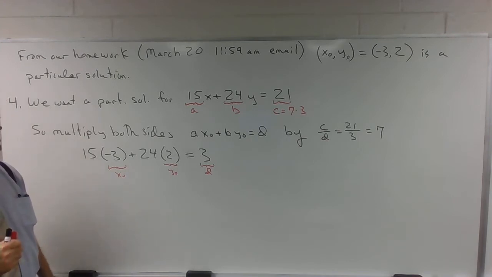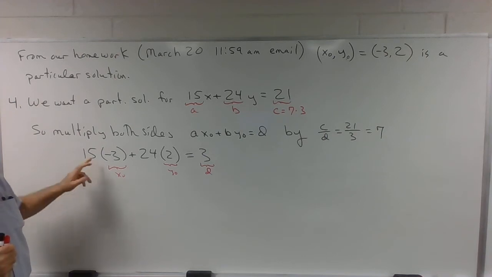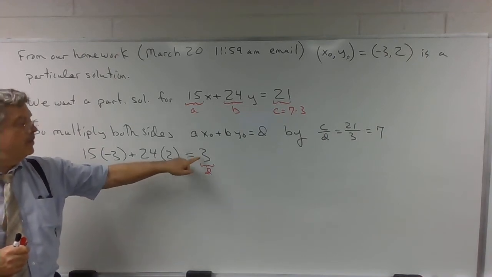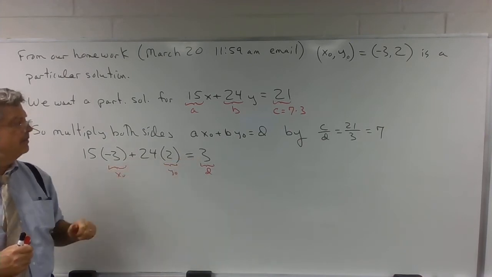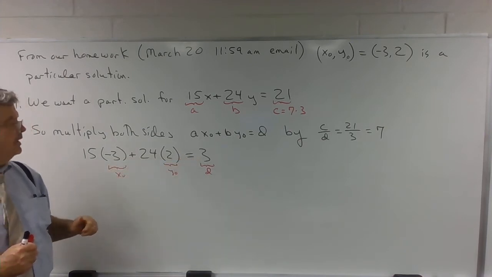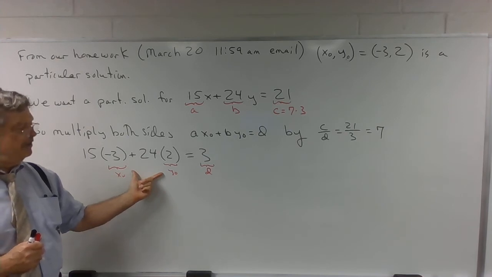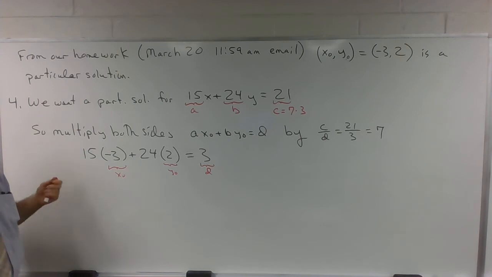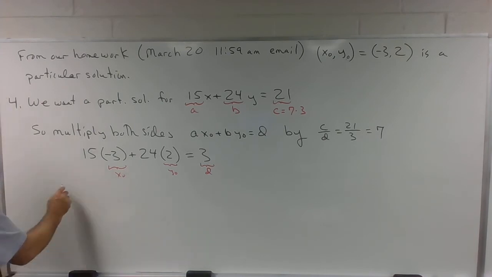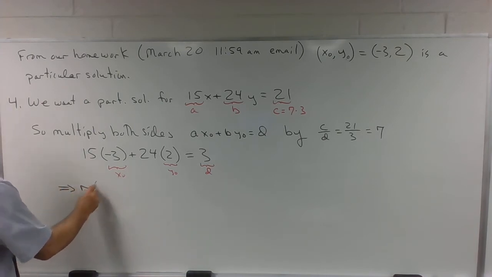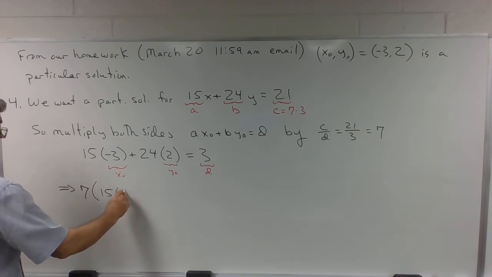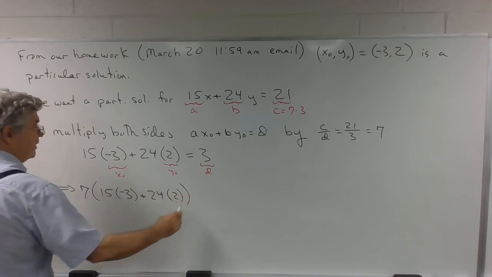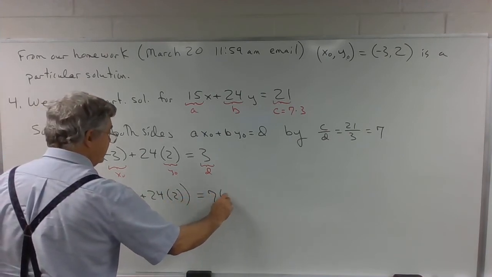We're looking for a particular solution of 15x plus 24y equals 21. We want this side to be 21. So what are we going to multiply both sides of this equation by to make that equal to 21? 7, right? So 7 times the left side equals 7 times 3.